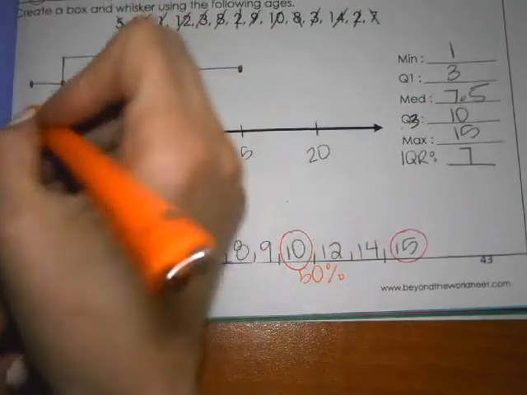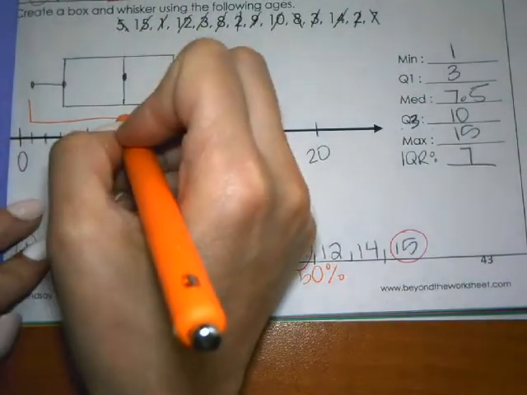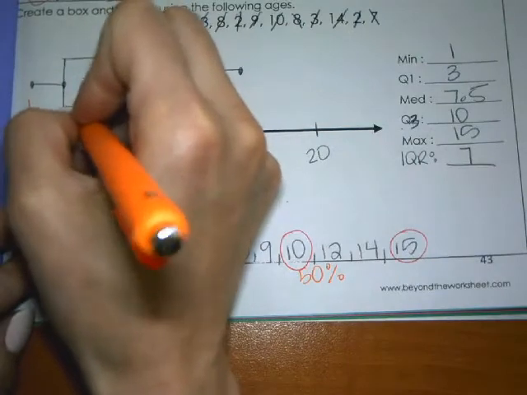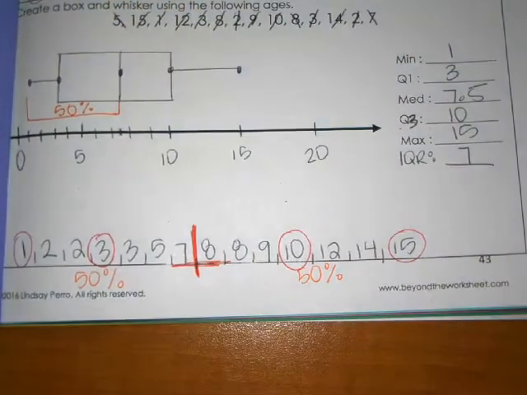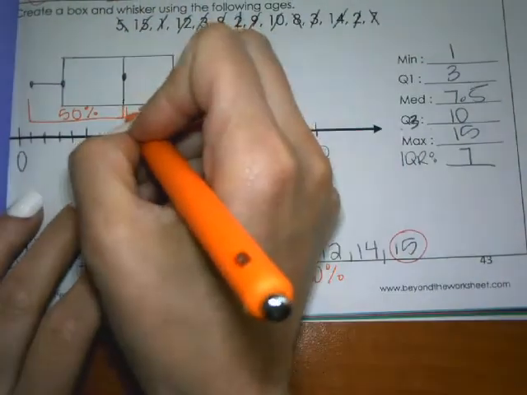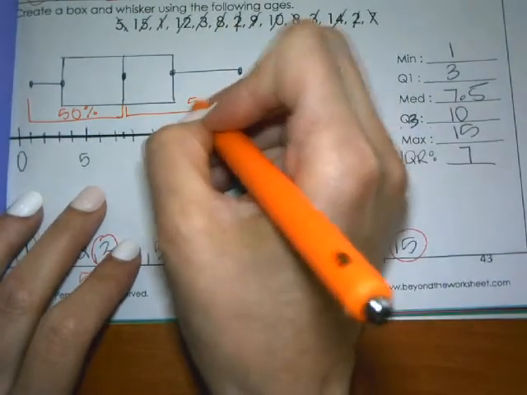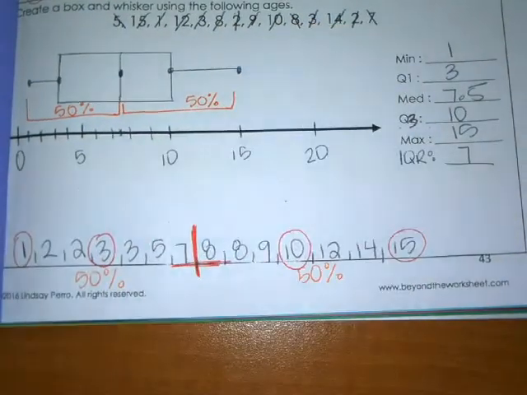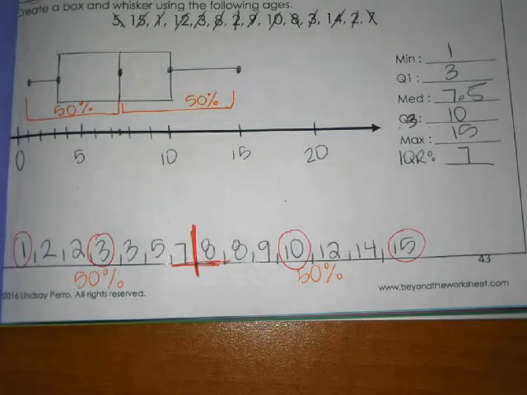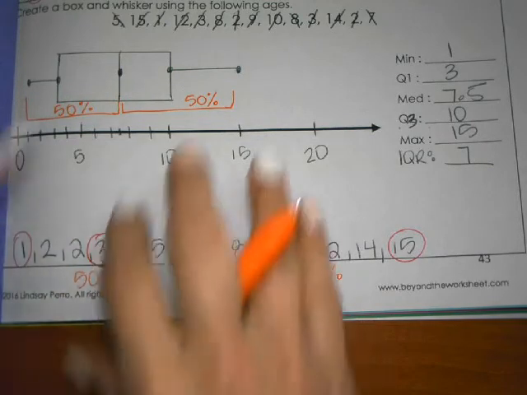That means that from this first dot to the middle dot, that's 50% of my data. And from the middle dot to the maximum, that's 50% of my data. Does that make sense, everyone? It does not matter if they look the same. Is that understood? For instance, this one back over here.